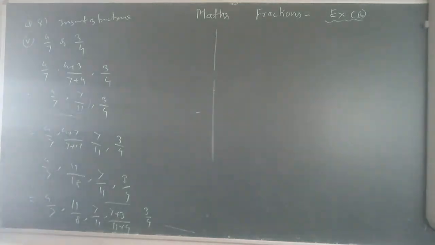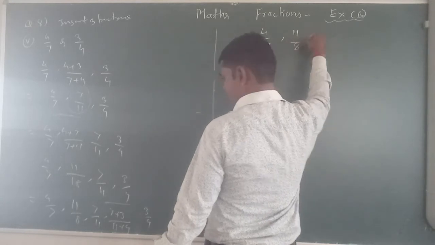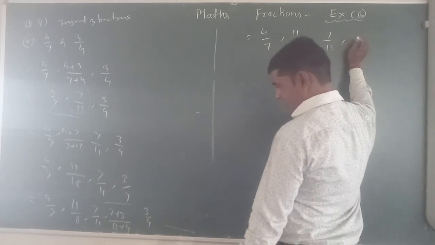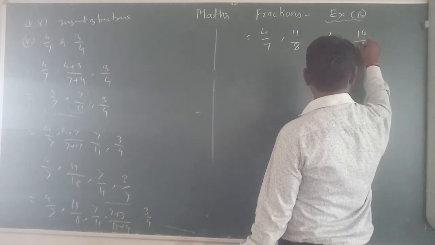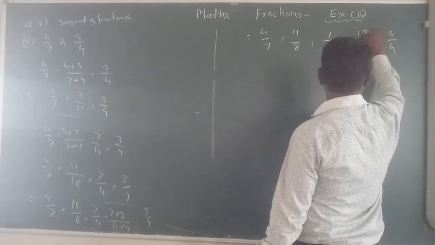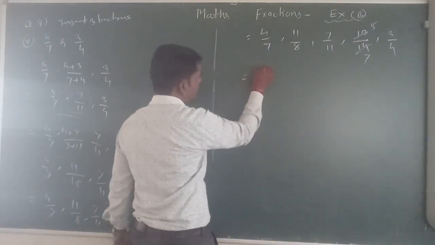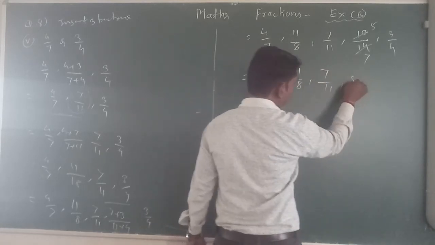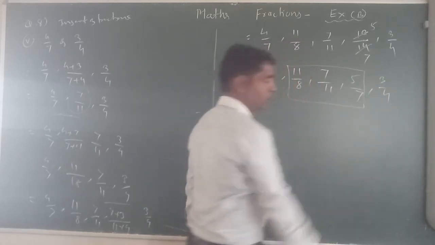Write it again. 4 upon 7, 11 upon 18, 7 upon 11, addition 7 plus 3 is 10, 10 upon 11 plus 4 is 15, and last one 3 upon 4. Here you can cut by 5: 2 upon 3. Then write it again. 4 upon 7, 11 upon 18, 7 upon 11, 2 upon 3, and 3 upon 4. So you have inserted these three fractions.